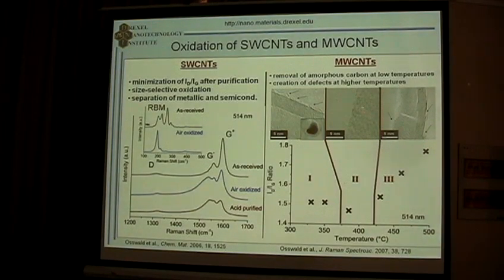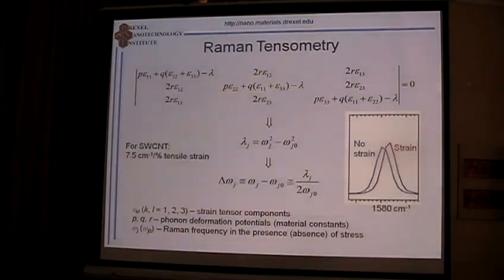You want to have clean tubes, but for many applications, particularly for dispersing carbon nanotubes, for mixing them, for making stable suspensions of carbon nanotubes, it's necessary to have functional groups on the surface, otherwise they won't be dispersible in polar solvents such as water or alcohols. So this is a way to control what is happening to carbon nanotubes by using Raman spectroscopy. And as I mentioned, you can do it on single-wall, double-wall, triple-wall, and multiwall carbon nanotubes. It works nicely for all of them.